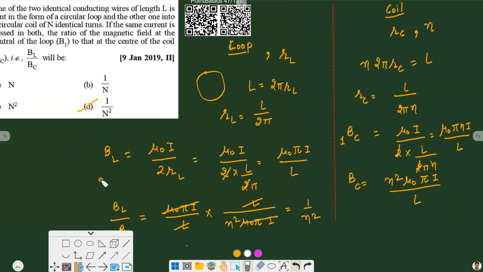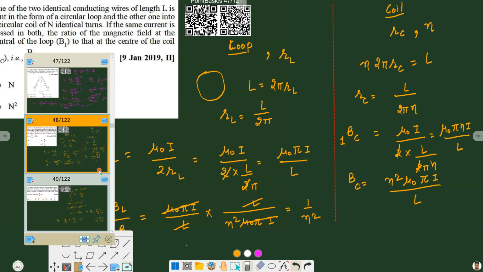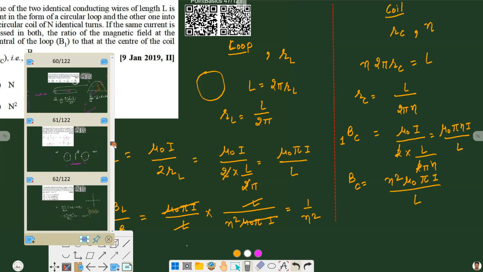Here it is. So we got the answer as 1 by n square, and the magnetic field of the coil was higher, and for the loop was lower. So loop by coil is 1 by n square.